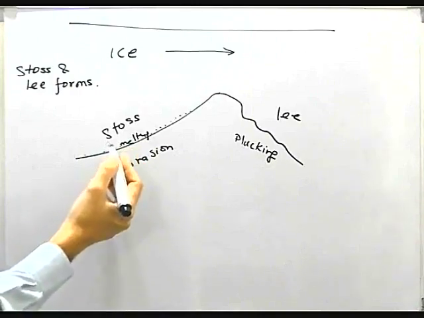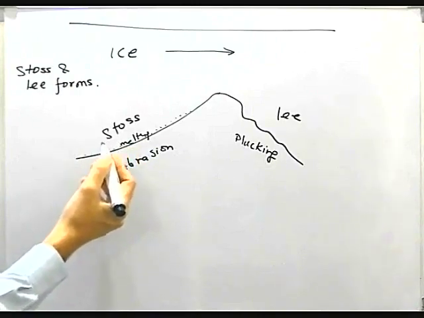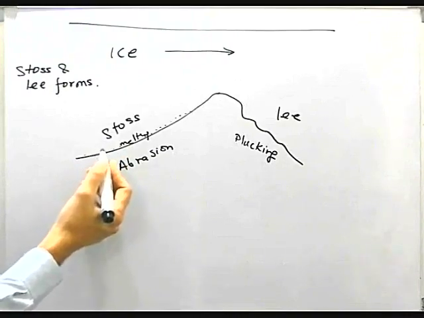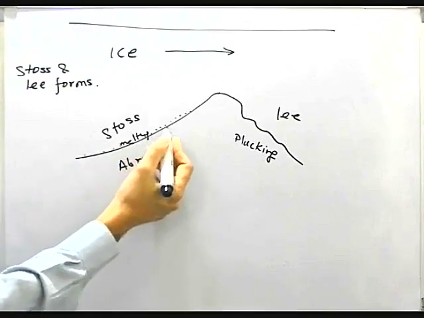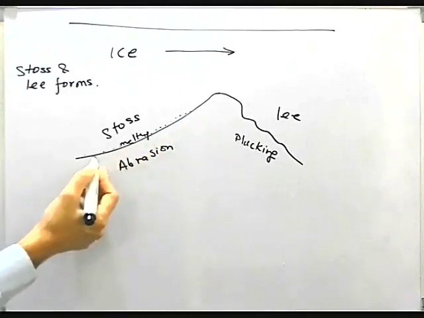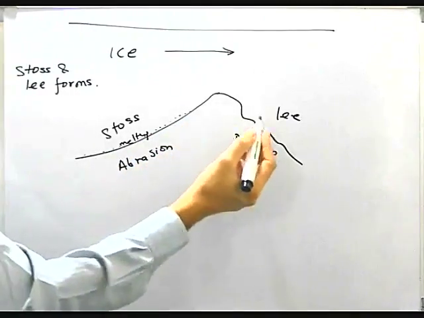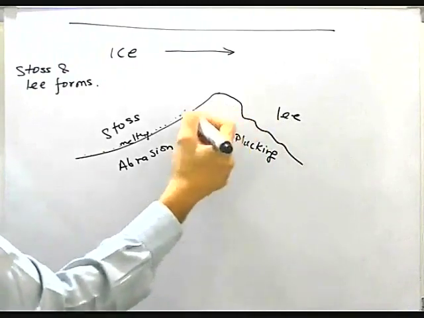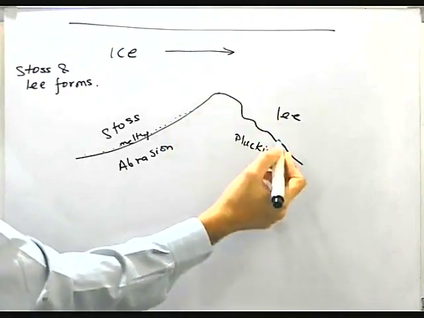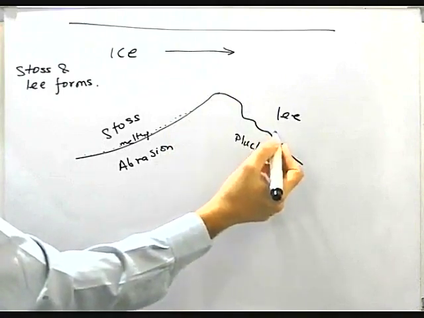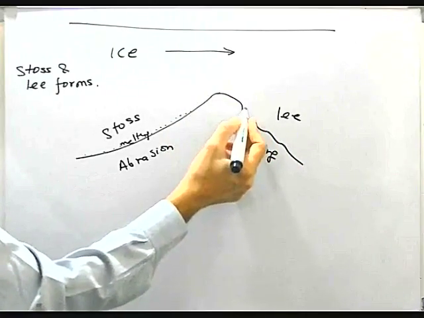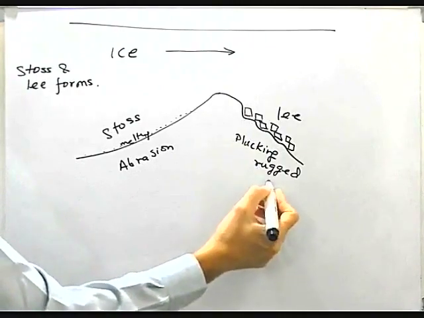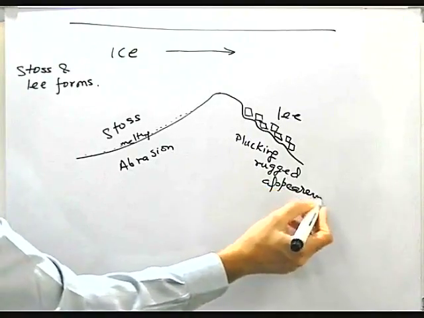The glacial debris entrained in the ice, because of the basal sliding, abrades the surface of the rock on the stoss side. On the lee side, because the pressure drops, the water that has melted refreezes, and this refreezing leads to the plucking of joint blocks, and this leads to a rugged appearance on the lee side.